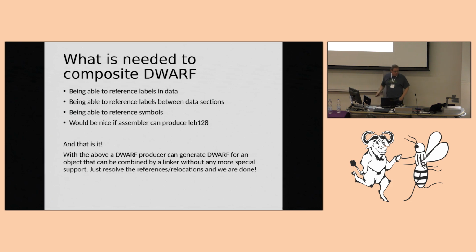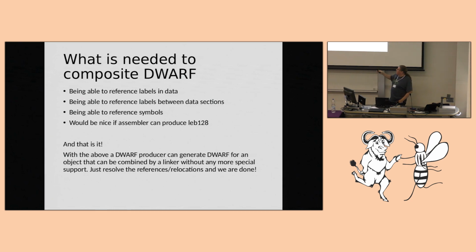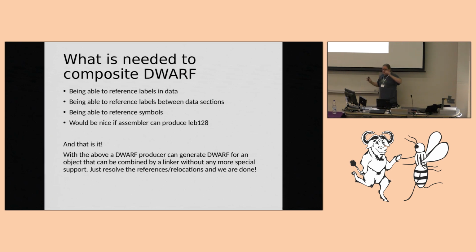And that's really nice because it means a linker just sees a blob of data like it sees code, has some relocations in it, resolves the relocations and concatenates the DWARF and doesn't need to know anything about it. And that's also kind of the problem.